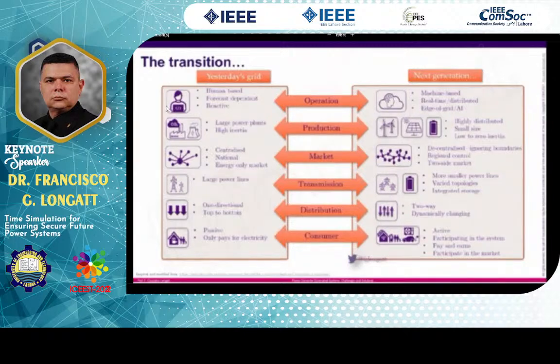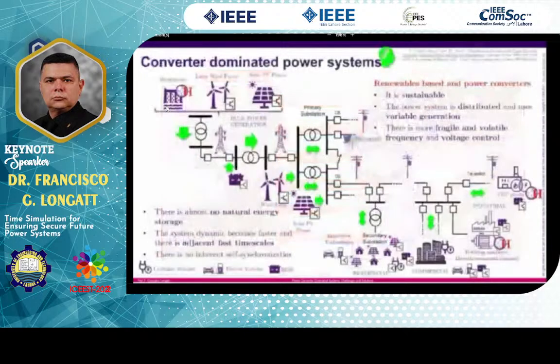But now, why am I talking about power converter dominated systems? Because the reality is that as we are changing the way that we are producing electricity, you can see over there that the future will be more renewable, like solar PV plants, large wind farms, and hydropower. But also we will start to have very small distributed generation, solar PV on the roof of many houses, and also small and decentralized battery energy storage, some of them located at the demand side.